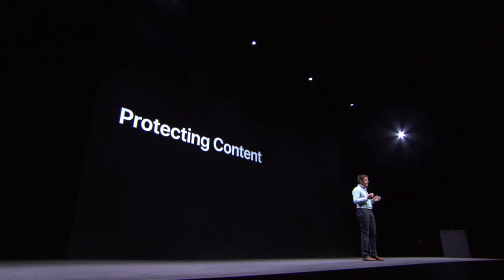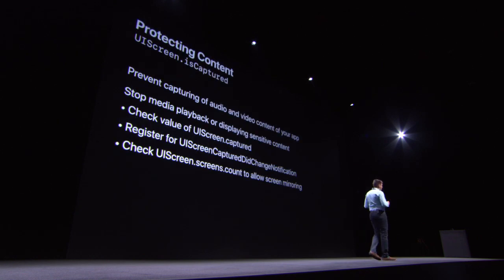And there's just one more point I would like to discuss today. And this is protecting the content of your applications. So your app may display some content that you don't want to be captured in screen recording or live broadcast. And that applies to both audio and visual content. There's an API that you can use to tell if your content is being captured.